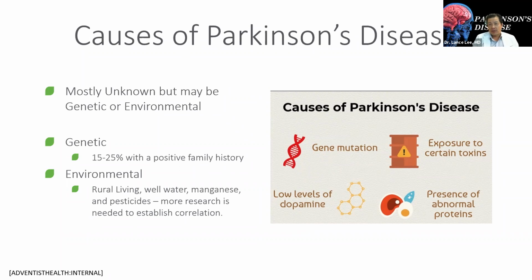The familial situations are definitely there, though. A good example is Michael J. Fox, the famous celebrity. His Parkinson's, I think, started when he was in his 30s, so it's highly suggestive that his condition has a possible genetic source.